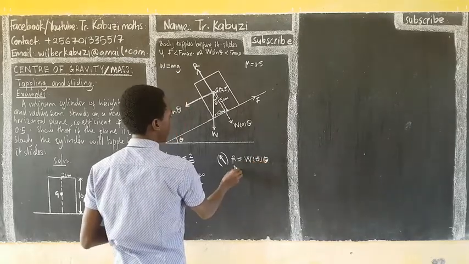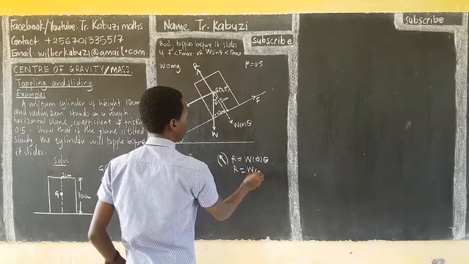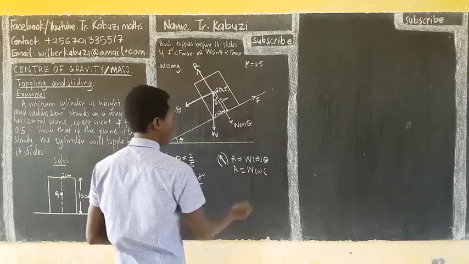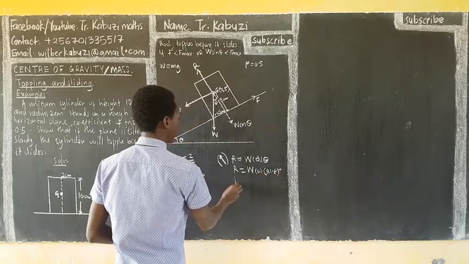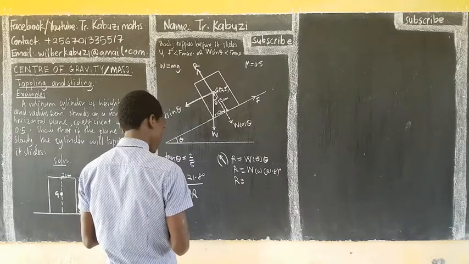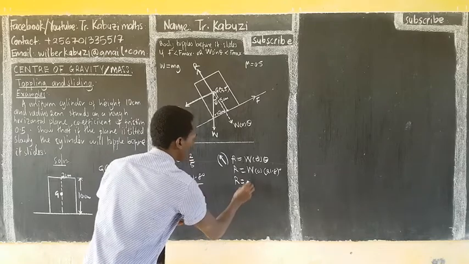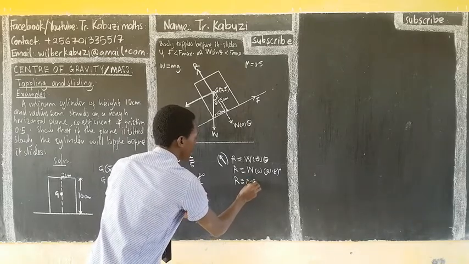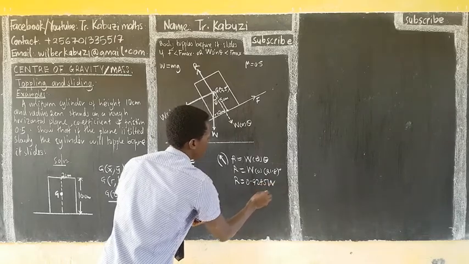We don't know W, but we know the angle is 21.8 degrees. So my R is going to be 0.9285 W.